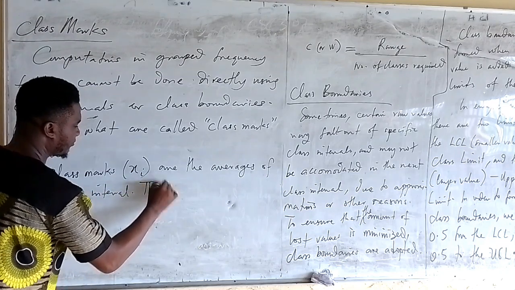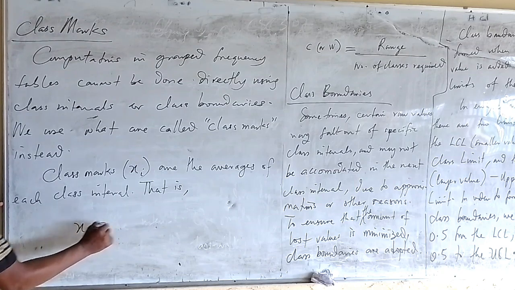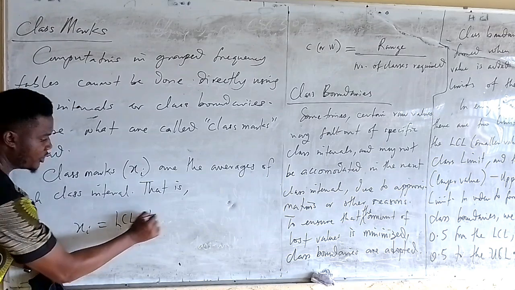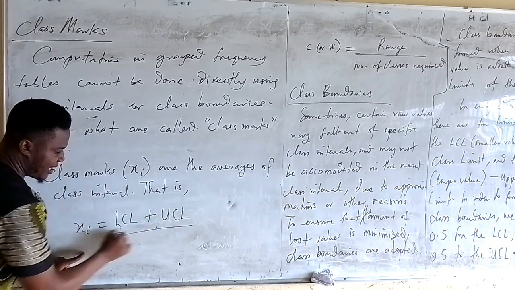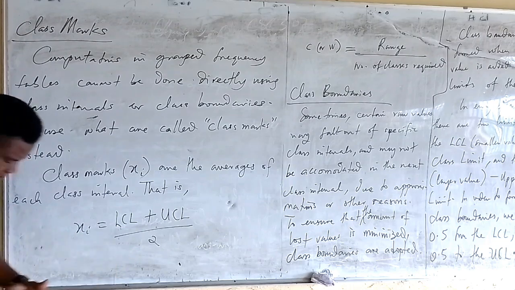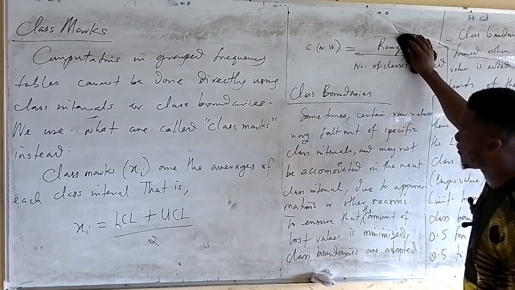That is, for you to obtain class mark xi, you add the LCL of a class interval to the UCL of the class interval and divide that value by 2. Is it clear? Can I wipe this off? Yes, sir.